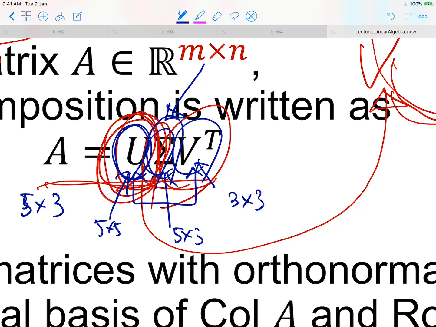We have more freedom compared to the eigen decomposition. Eigen decomposition is not always defined for a given square matrix, but because we have more freedom, singular value decomposition is always defined for any given rectangular matrix, right? That is another intuition that we can maintain.